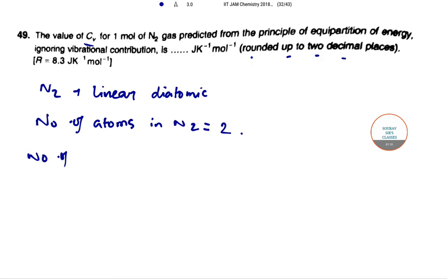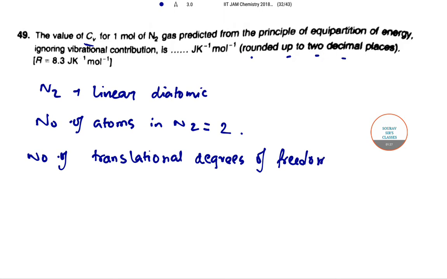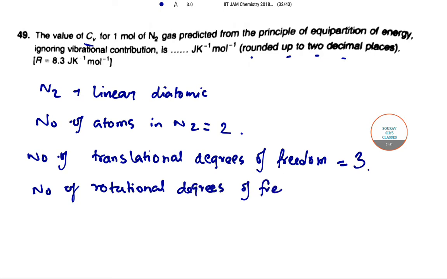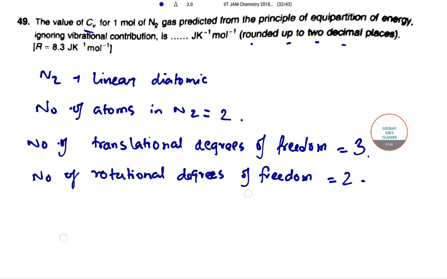So the number of translational degrees of freedom will be equal to 3, and the number of rotational degrees of freedom will be equal to 2. And since we have to ignore the vibrational contribution, we will not consider it at all.